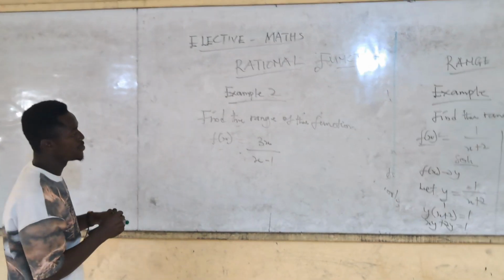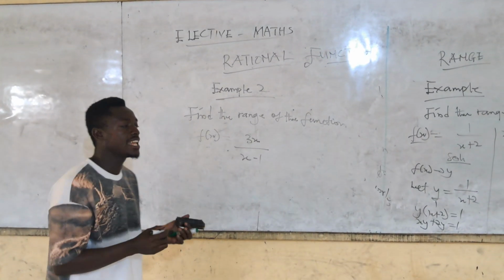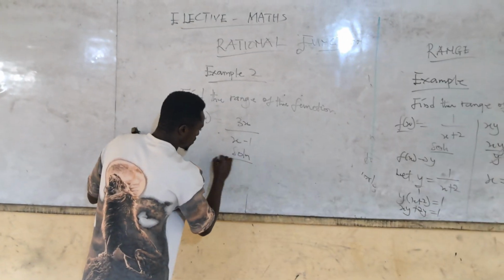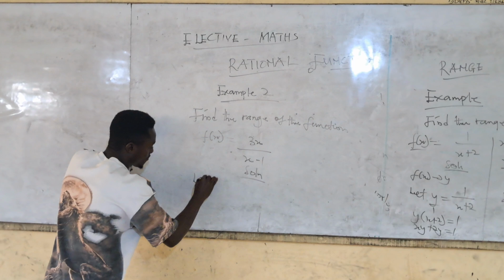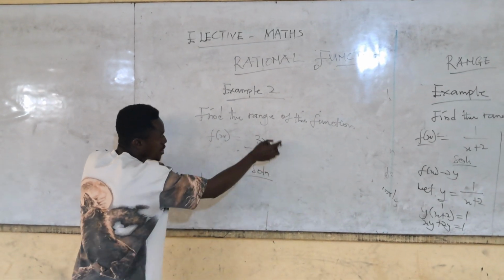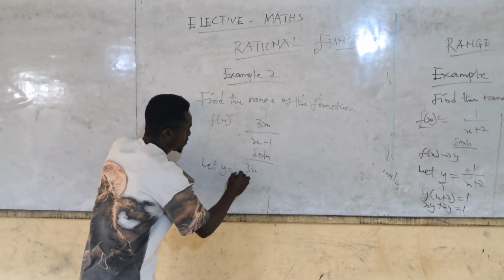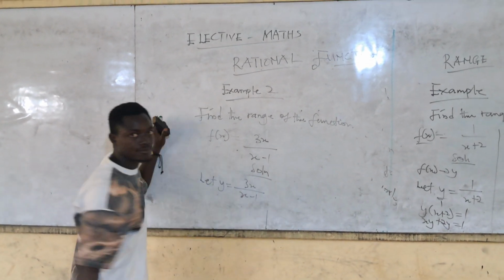The first thing you need to do, as we did earlier, is let y equal the whole function, which is 3x over x minus 1.